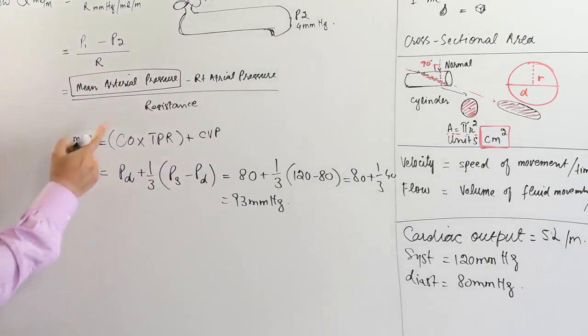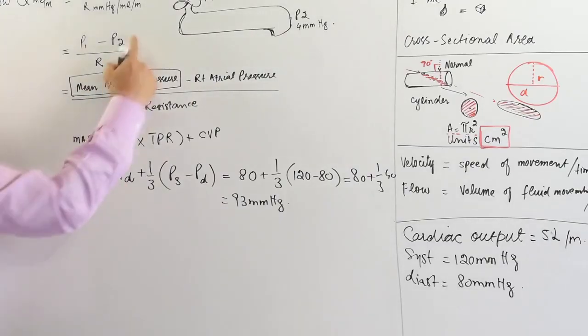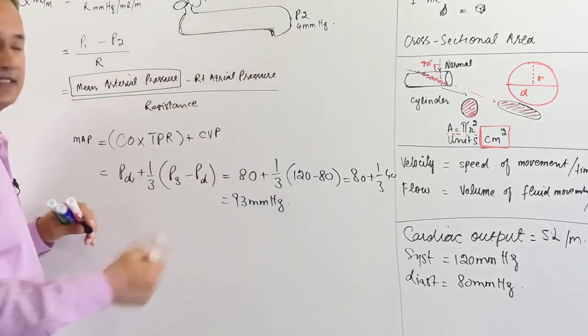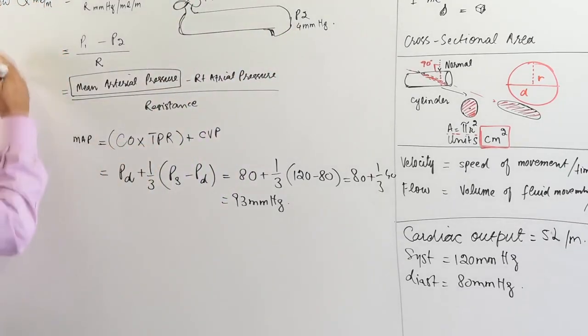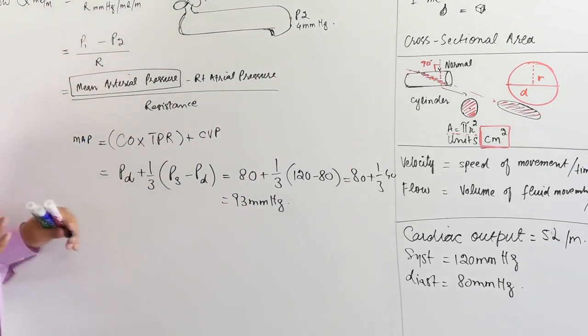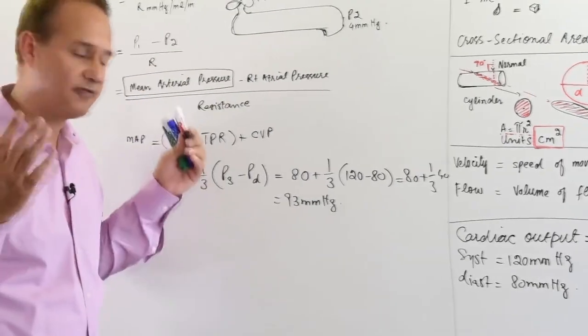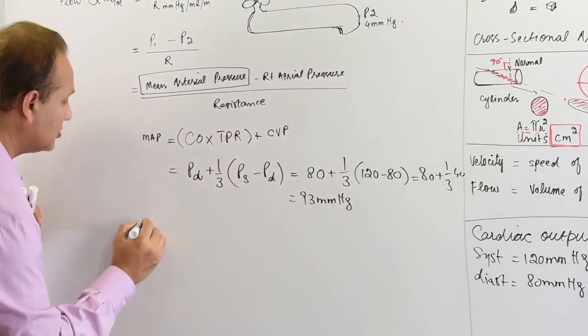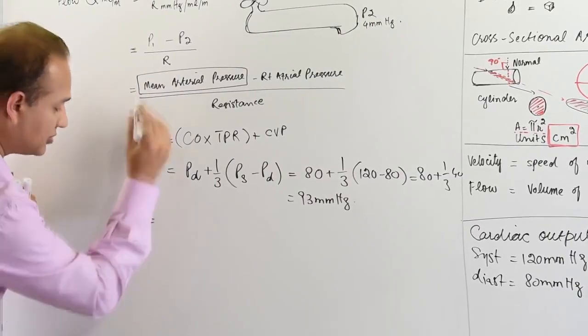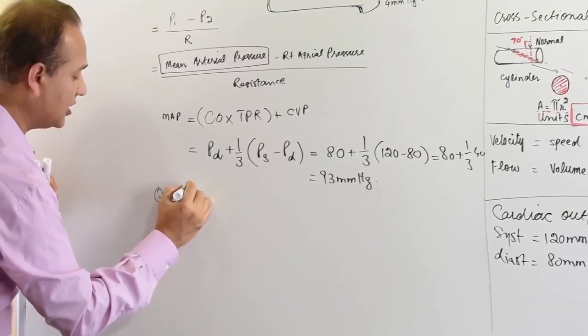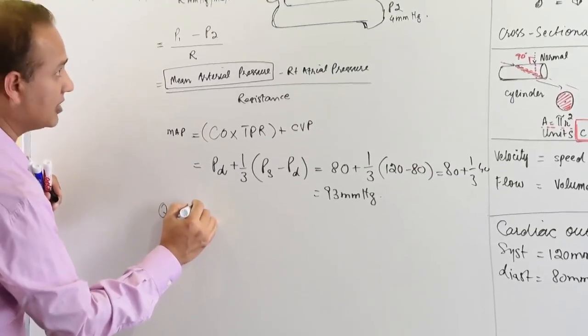So now let's see a blood vessel, this system that has a 4 millimeter P2. Let's look at the flow and the resistance. Let's make the resistance 1 just to make our formula work. So the flow will be pressure, P1 minus P2.